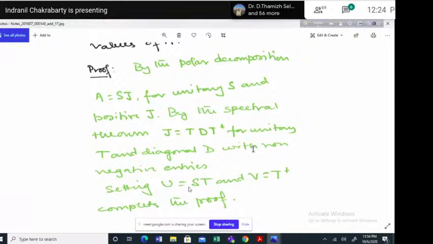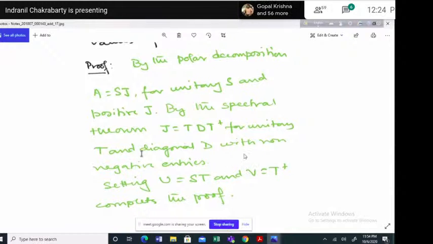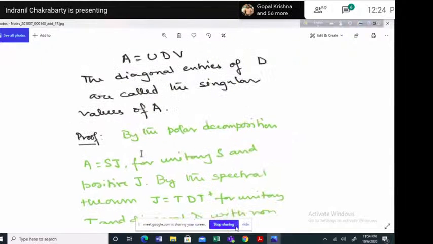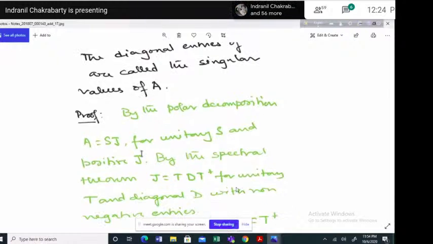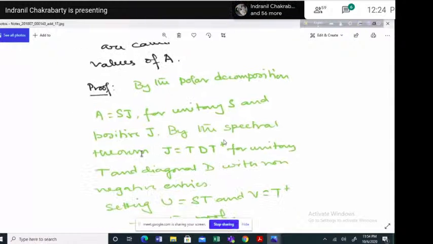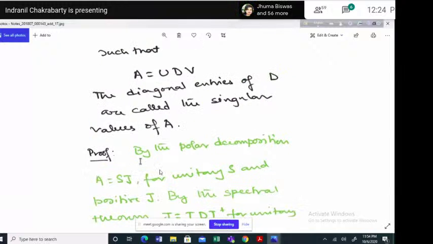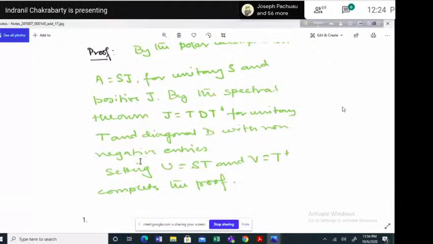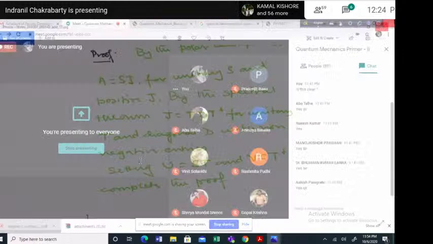So then you can say U to be ST, and V to be T dagger. Then you can write down the matrix A as UDV. So you can replace J by TDT dagger, and say ST as U and T dagger as V. Then A becomes UDV. Is it clear?